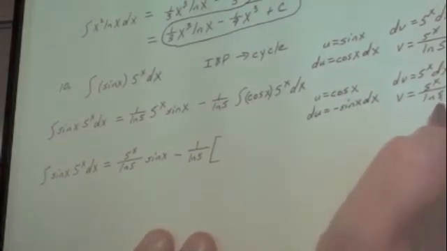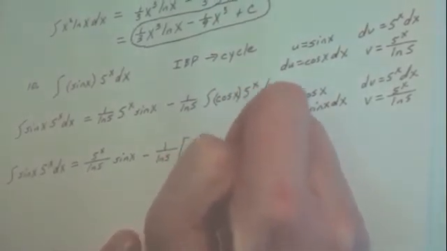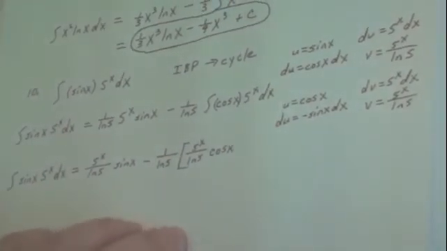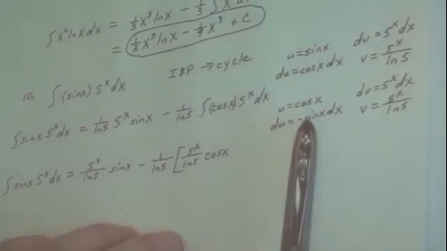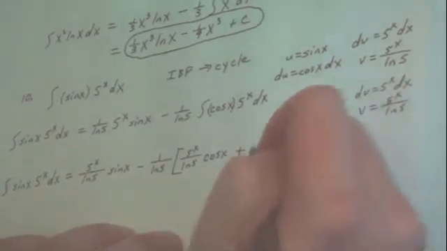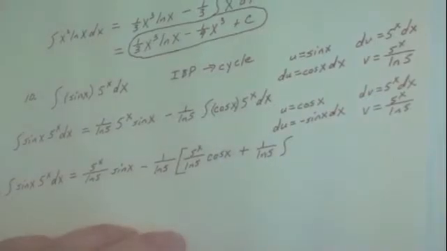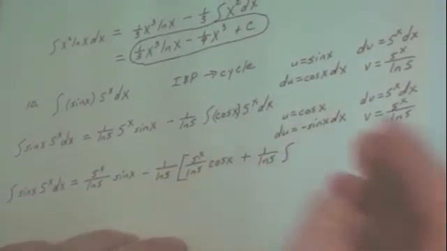So that's 5 to the x over ln 5 cosine of x. That's my u times v minus the integral of v du. But I notice du is negative, so I'm going to say it's plus the integral. I'll factor out my 1 over ln 5 in front, and it becomes the integral of sine of x 5 to the x dx.